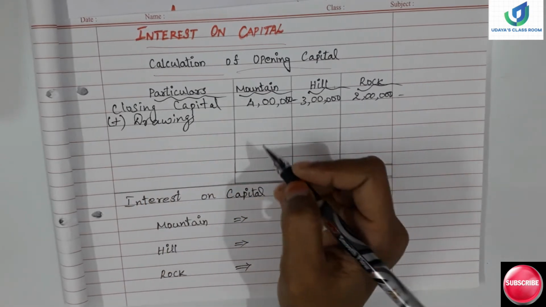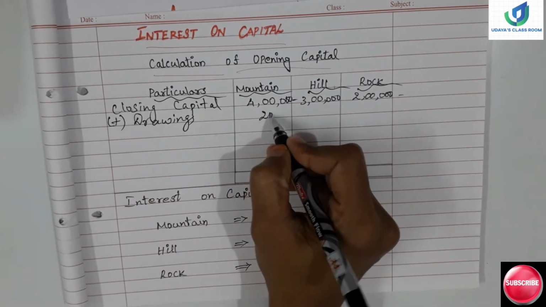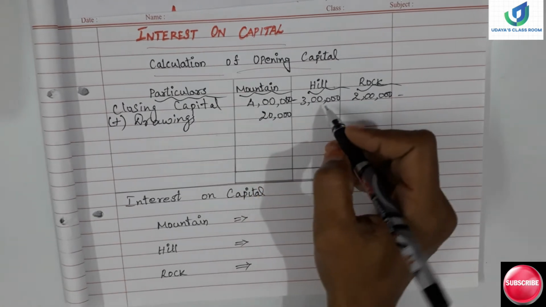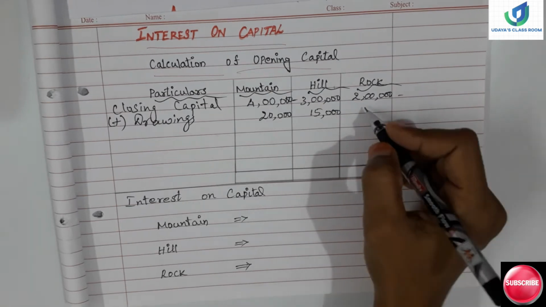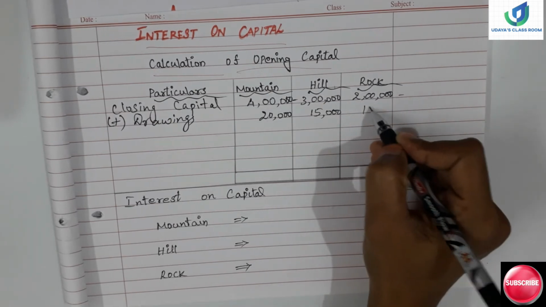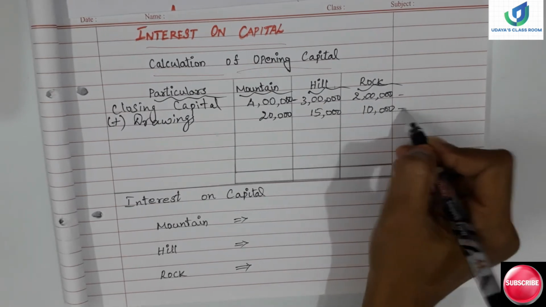So drawings amount 20,000, 15,000, 10,000.